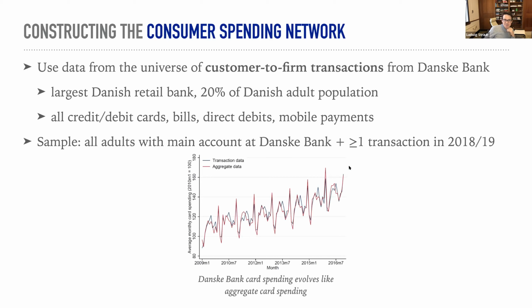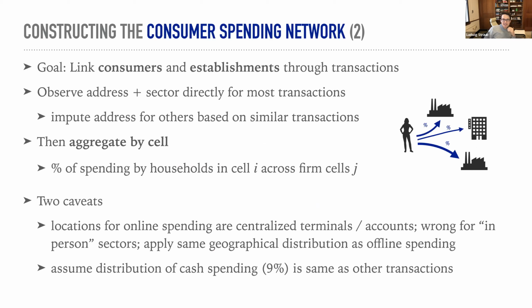This just shows you a time series plot, but we're right now in the process of matching all the national accounting aggregates so that this really adds up to what we see in national accounts. Now, how do we use this transaction data to create these links between household cells and firm cells? What's nice about the data is we observe the address and the sector directly for most transactions.